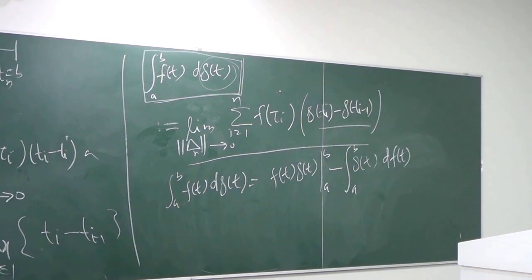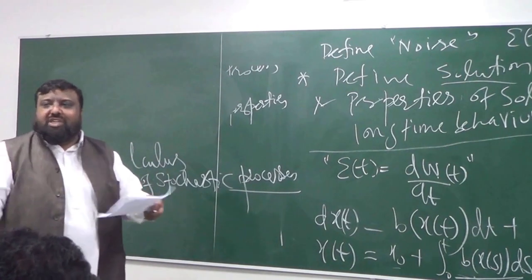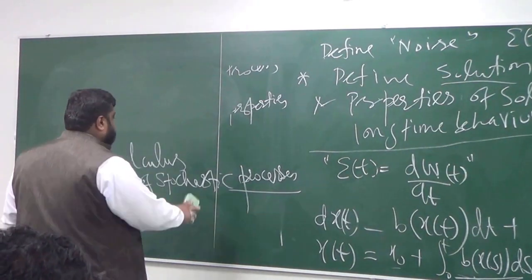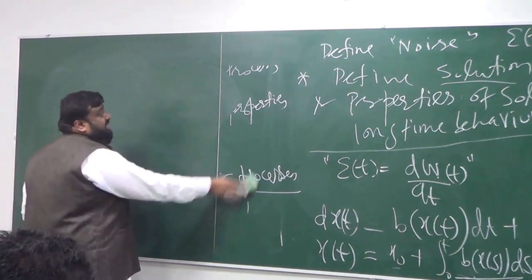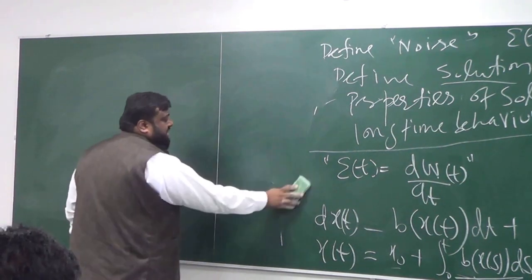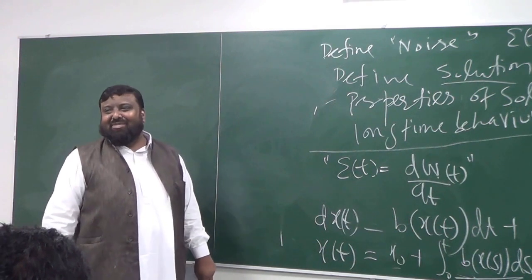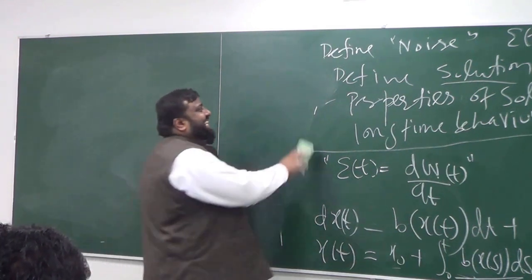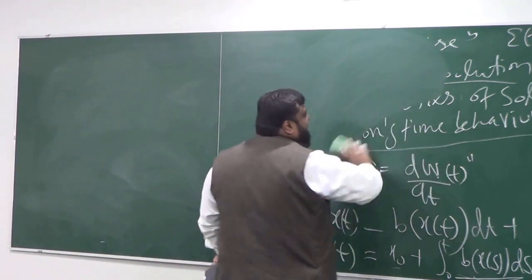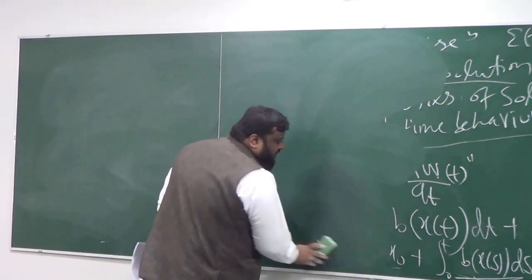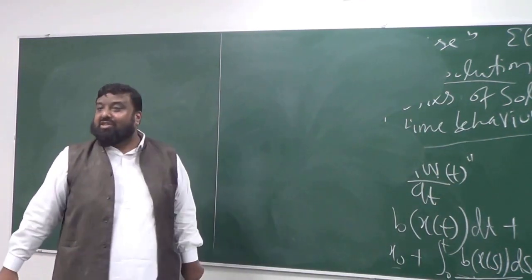So, what would be the most obvious case of g? If you have f and you want to integrate it with respect to some function, what would be the most obvious function to integrate with respect to? Also, not that obvious. I have a function f and I want to integrate it with respect to some function.